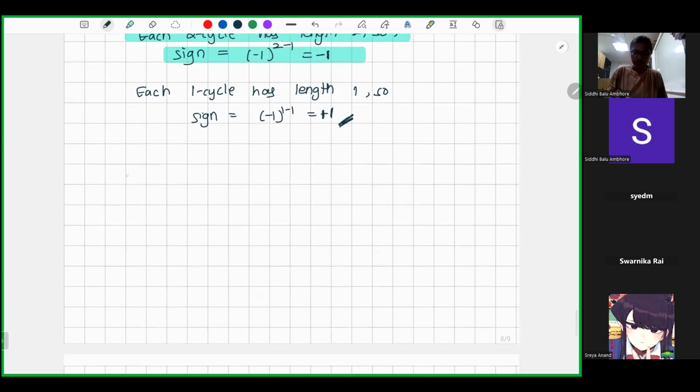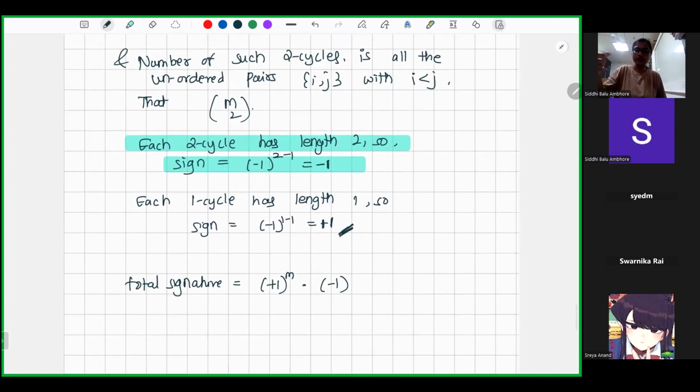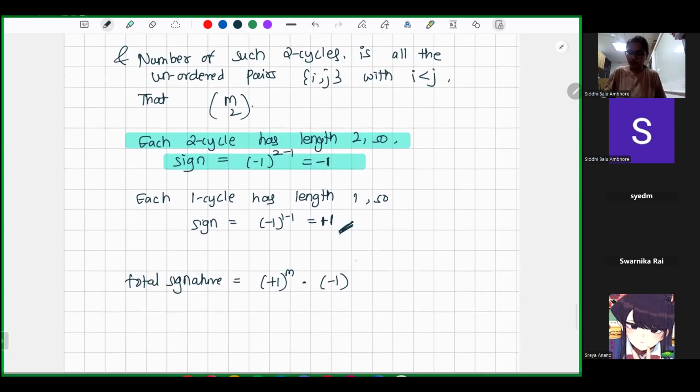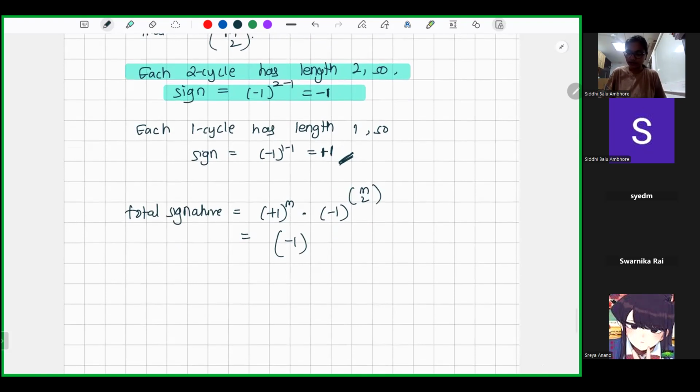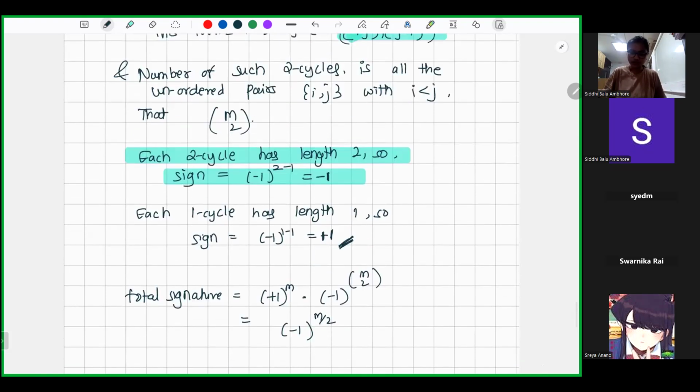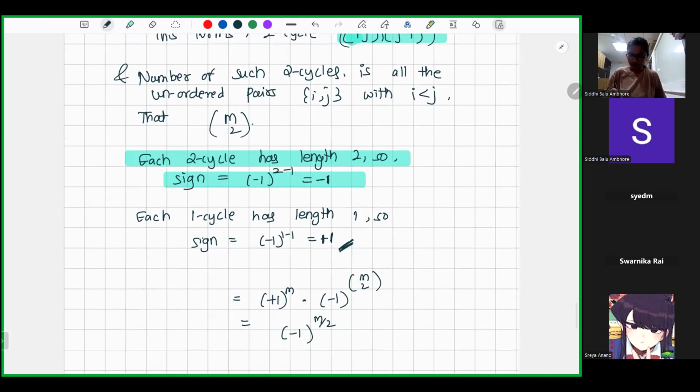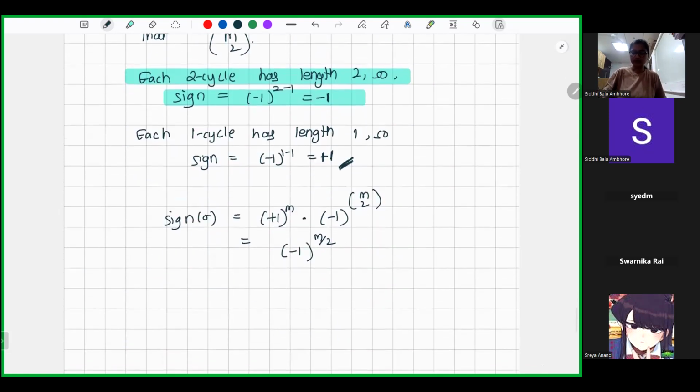So in short, the total signature will be this plus 1 to the power m, because there are m entries in the diagonal, times minus 1 to the power m choose 2, since there are m choose 2 such transpositions. This is the total signature of this permutation sigma.